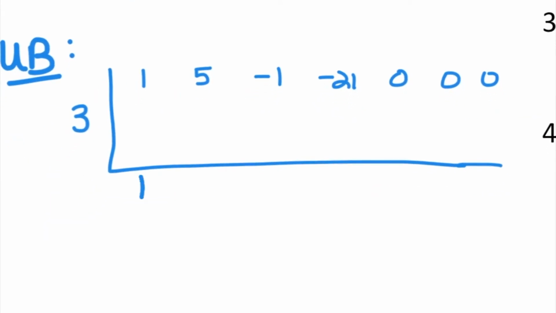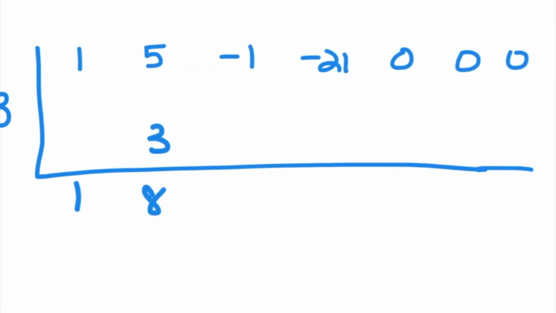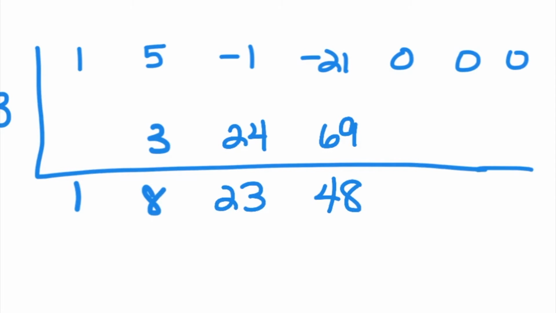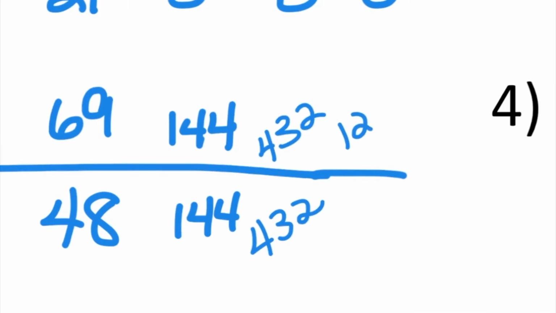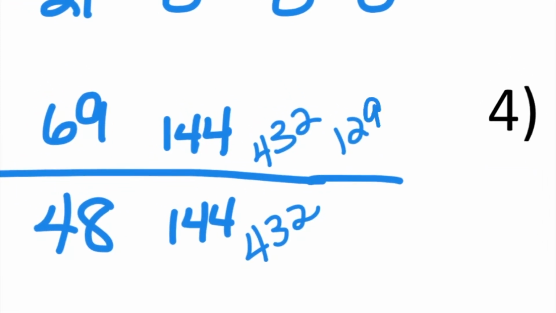And we're bringing down the 1 times 3 is 3, 5 and 3 is 8. 8 times 3 is 24, negative 1, 24 is 23, times 3 is 69, negative 21 and 69 is 48. 48 times 3 is 144, 0 and 144. 144 times 3 is 432, and 432 times 3 is 1,296.